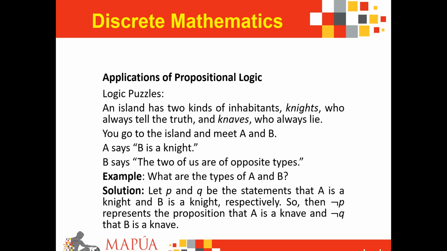What are the types of A and B? The solution here is that basically the statements are A is a knight and B is a knight respectively. So then if I represent that by negating P, and eventually the proposition that A is a knave and not Q, that B is a knave.